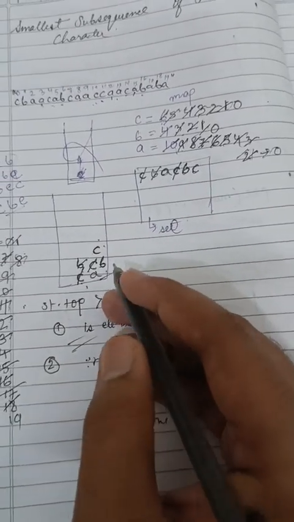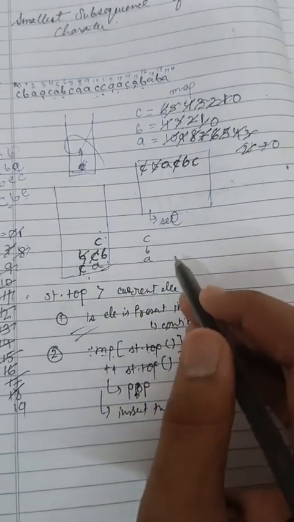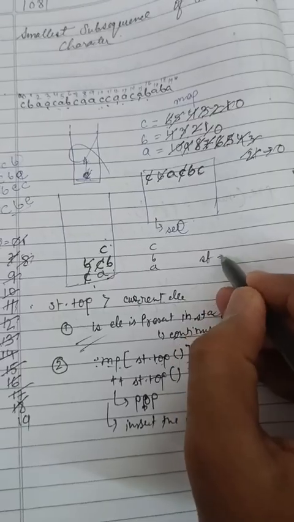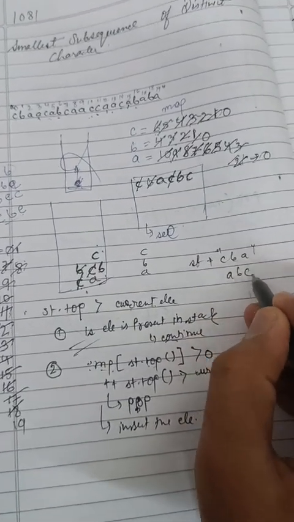In this way, in a stack there will be A, B and C. Then we will simply pop the elements into the string, so it will be C, B, A. We will reverse the string to A, B, C, and this is the answer.